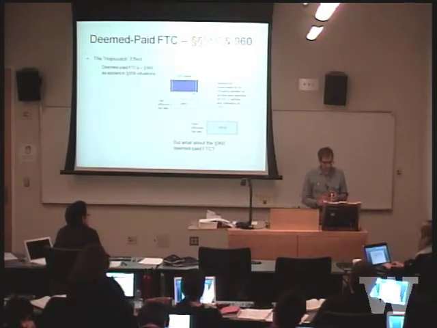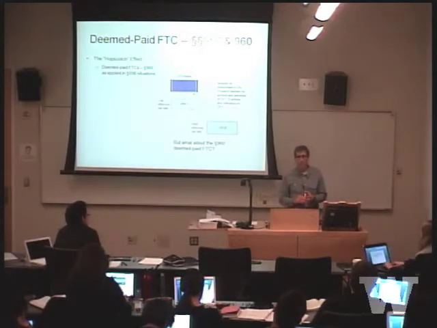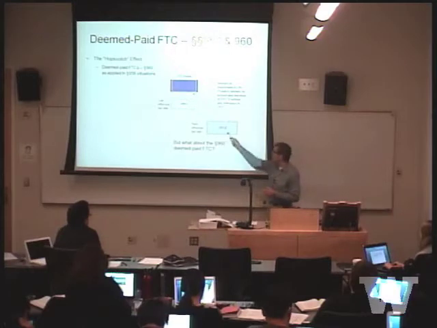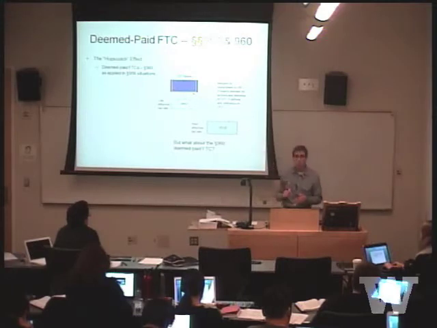Now, notice at the bottom it says, but what about the foreign tax credit? And notice that we said that CFC2 has a high effective tax rate, whereas CFC1 has a low effective tax rate.